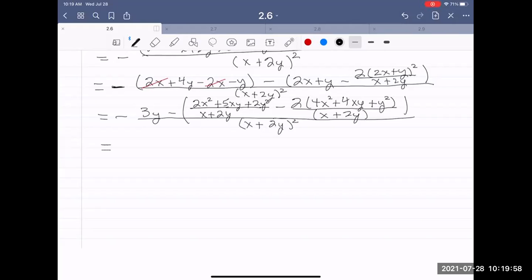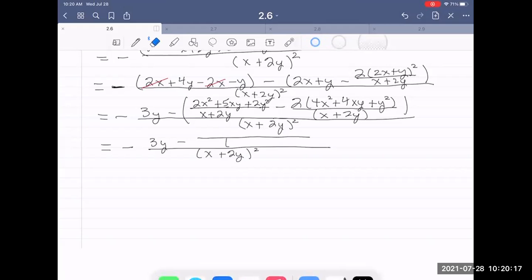Okay, so this is equal to negative 3y minus all divided by x plus 2y squared. And I'll just leave it as x plus 2y.